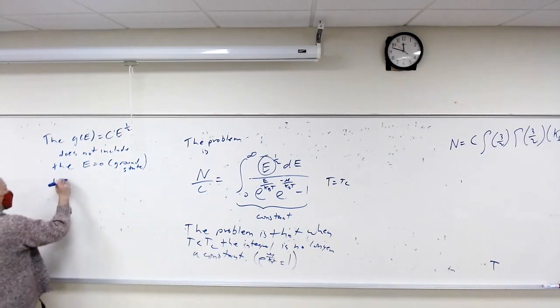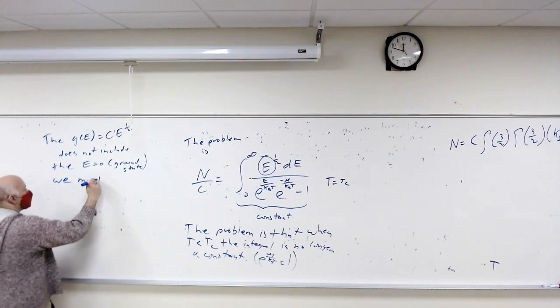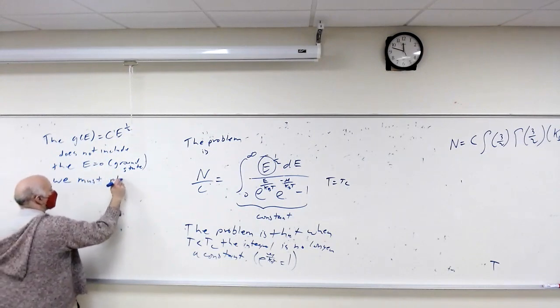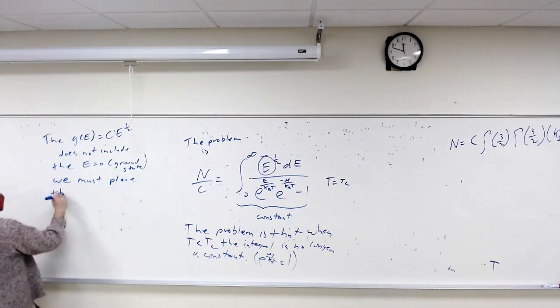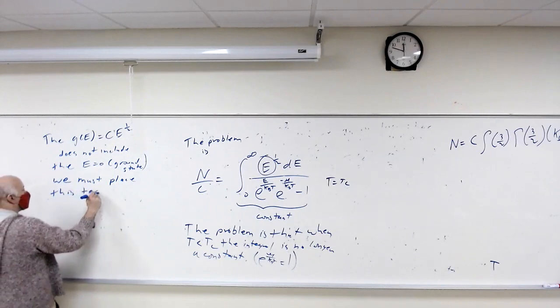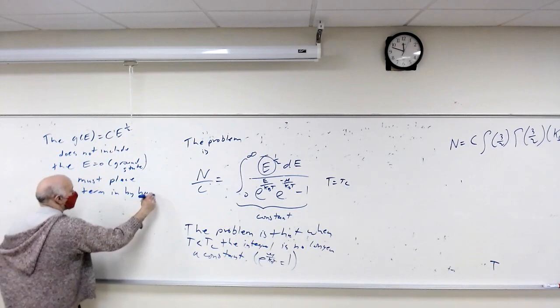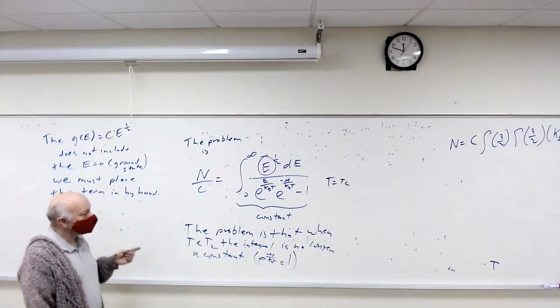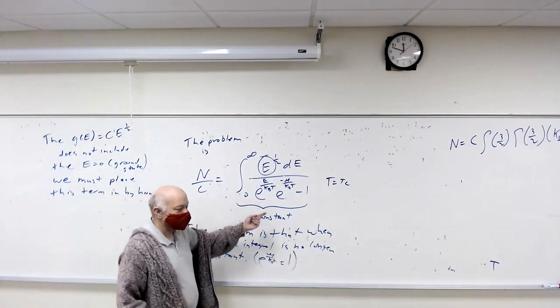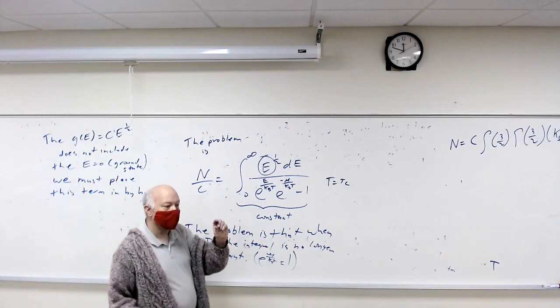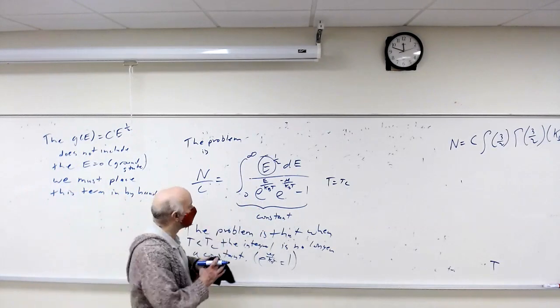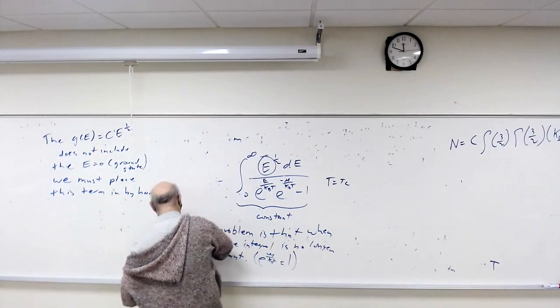So we must place this term in by hand. What we're really going to have is an expression like this, but now we're going to have to actually include the 0 state. So let's see how we do this.